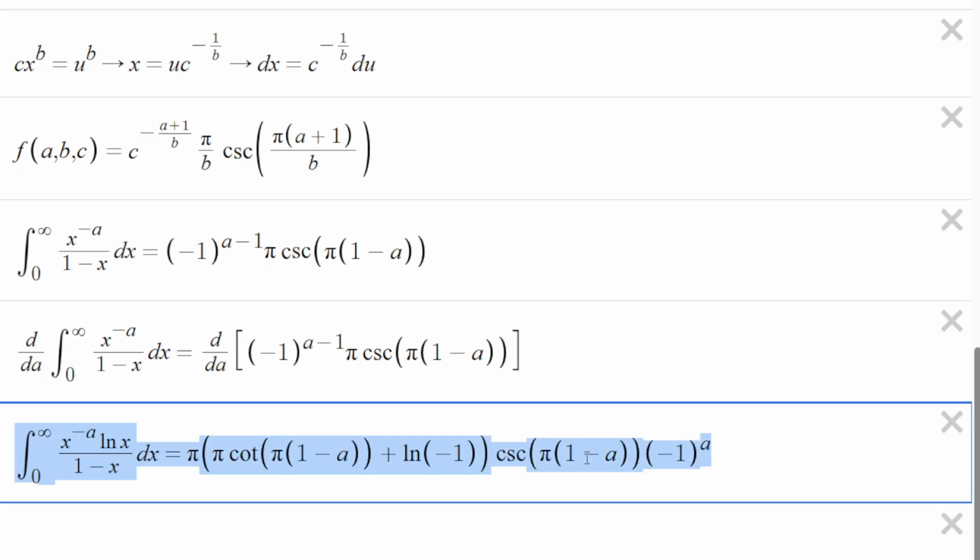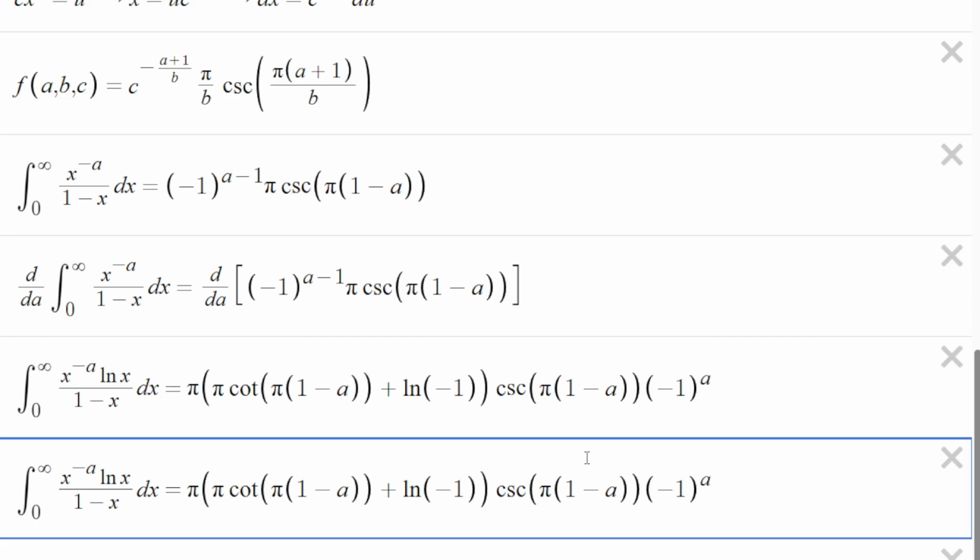First of all, let's just copy this down here and clean this up a little bit. Let's see. Natural log of negative 1. Well, negative 1 can be written as e to the i pi, principal value anyway. And then natural log composed with e just gives us i pi. So this is just plus i pi.